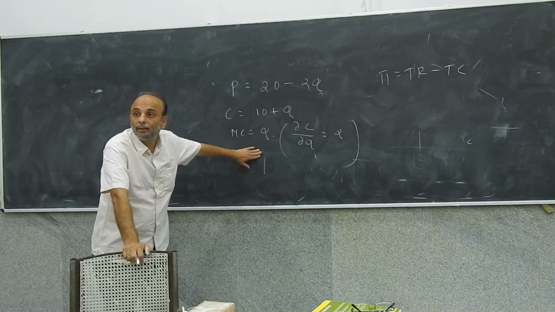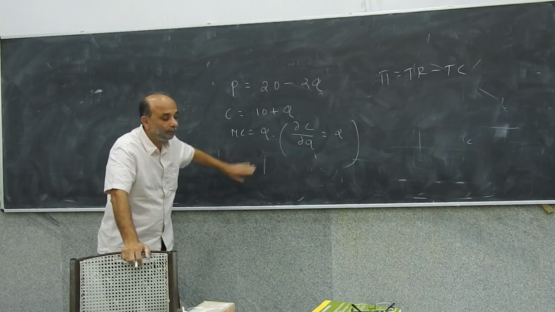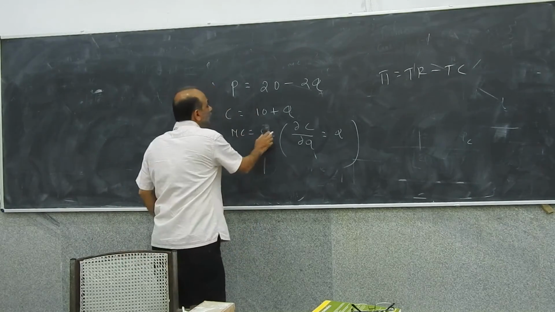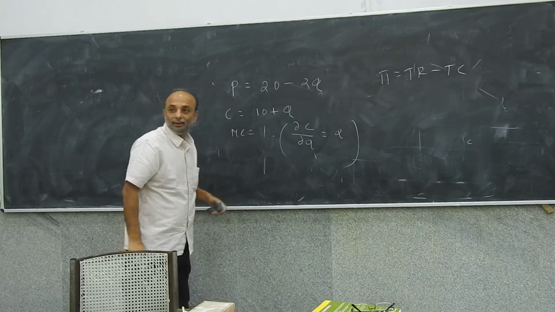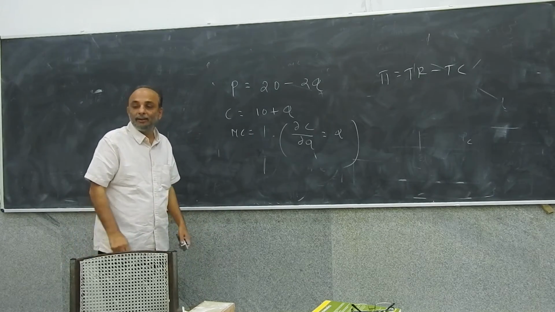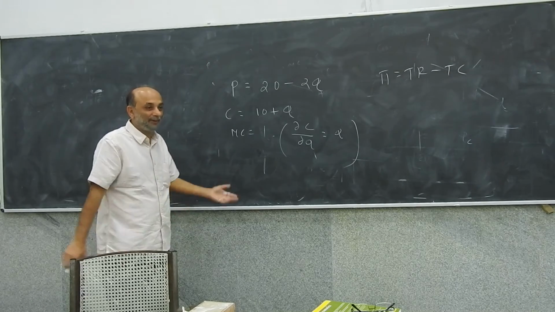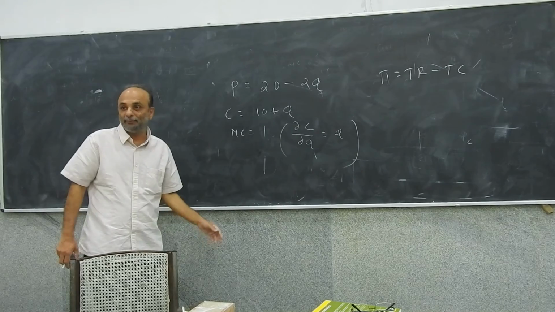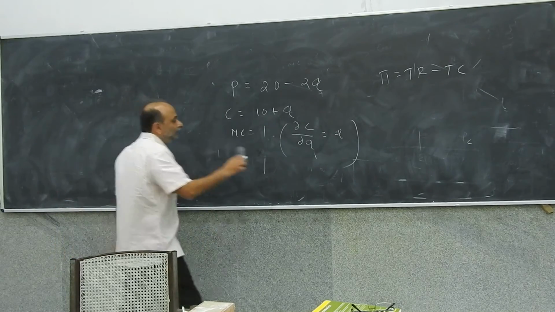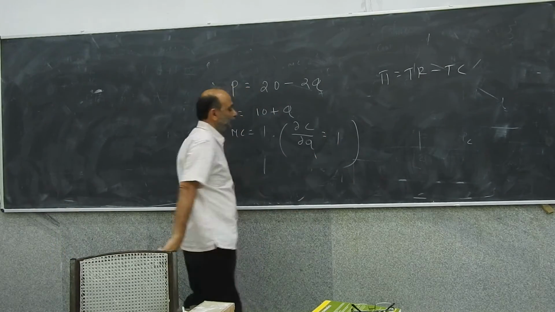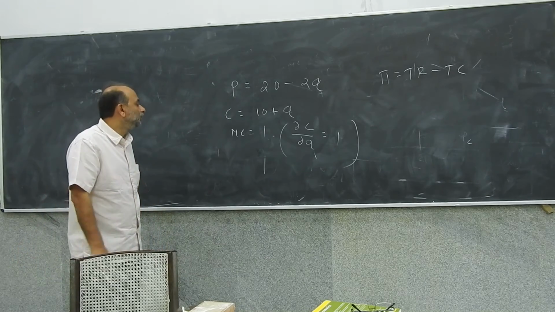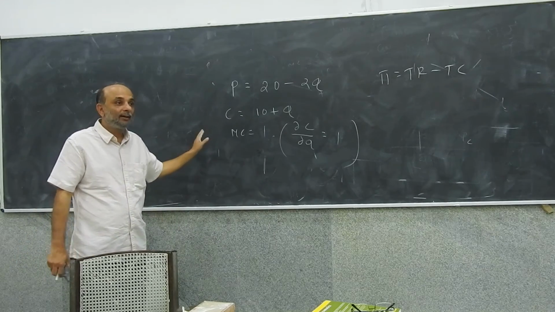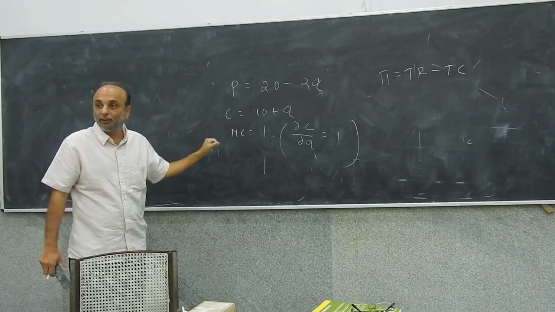The derivative of 10 plus Q should be 0 plus 1, so the derivative should actually be 1. Unless I make it Q squared or something, you're correct. So dTC/dQ is equal to 1. So marginal cost is equal to 1. Is this clear?